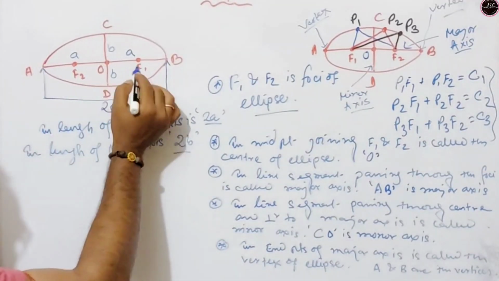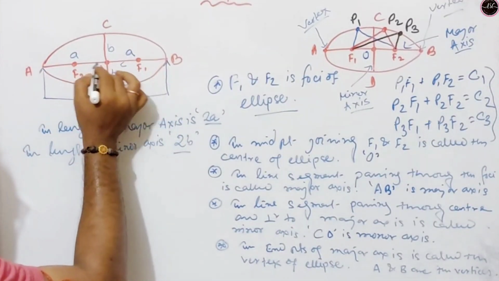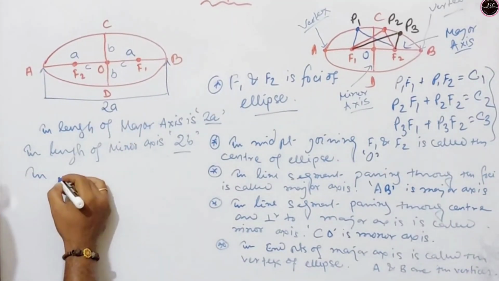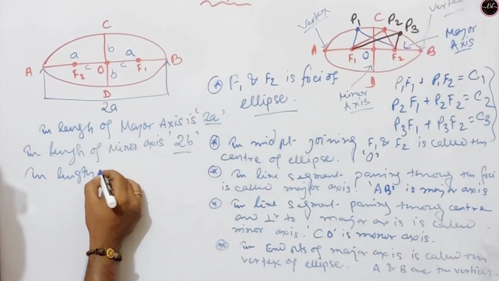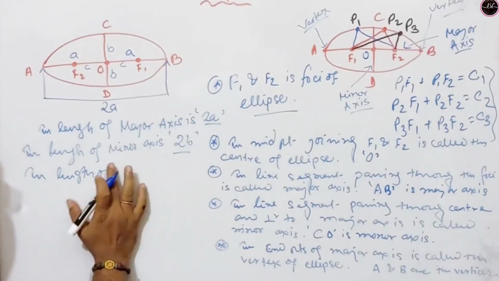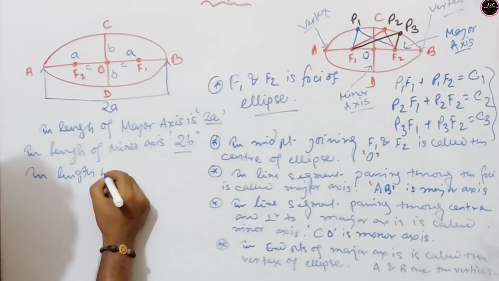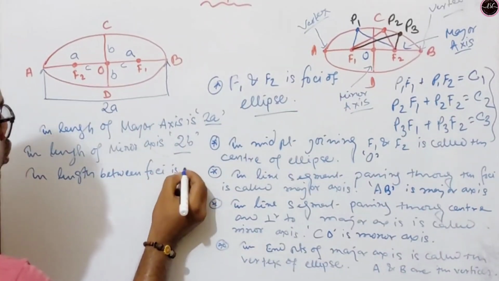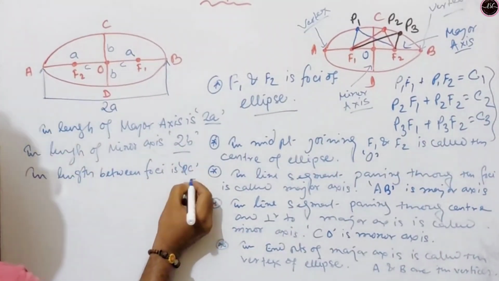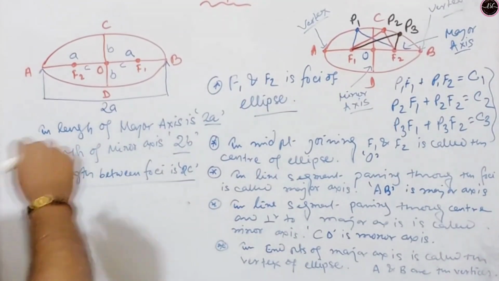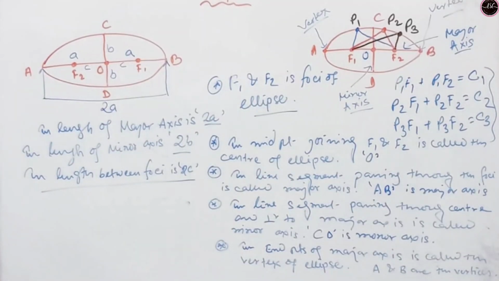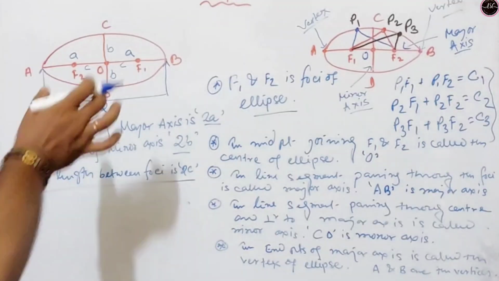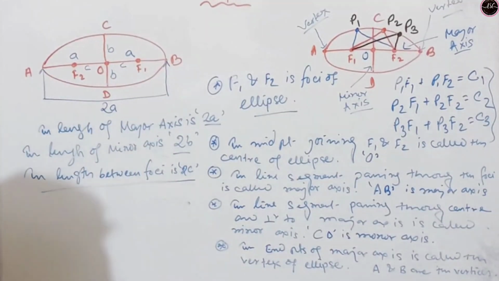And OF1 equals small c, OF2 equals small c, and the length between the two foci is 2c.